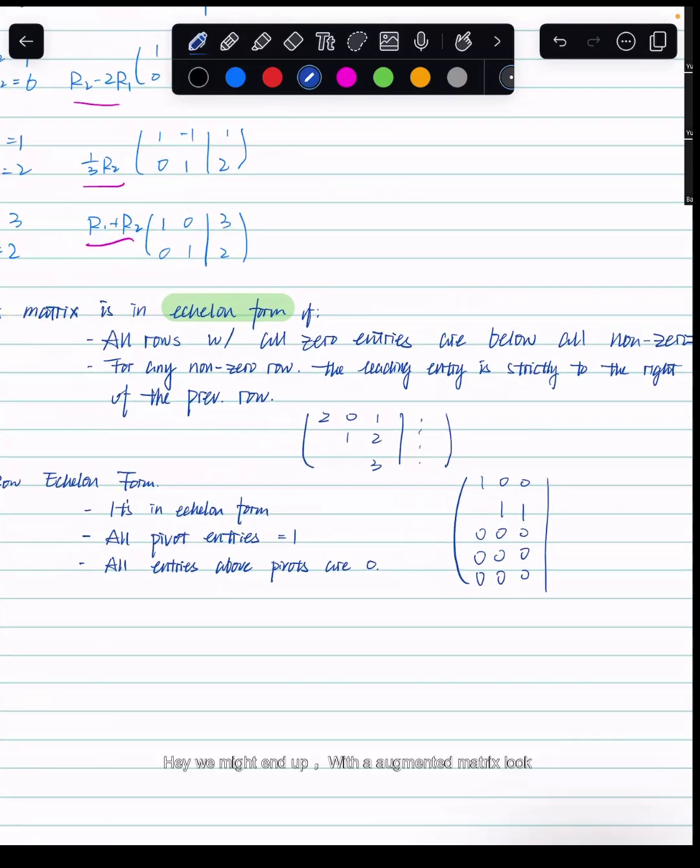We might end up with an augmented matrix that looks like this.